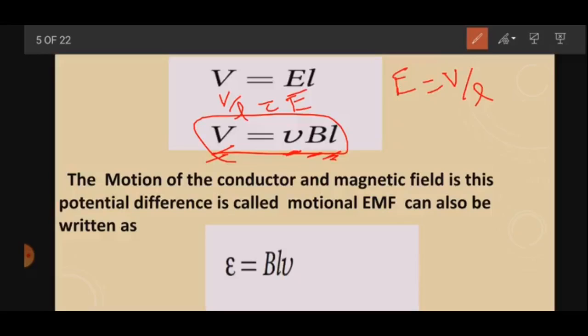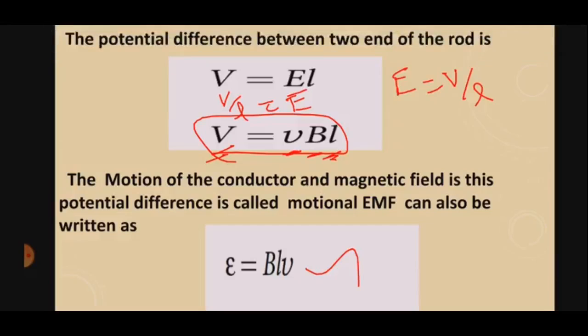So the motional EMF can also be written as E is equal to BLV.